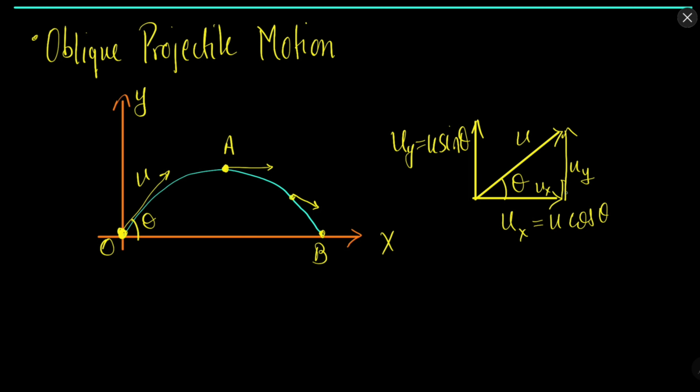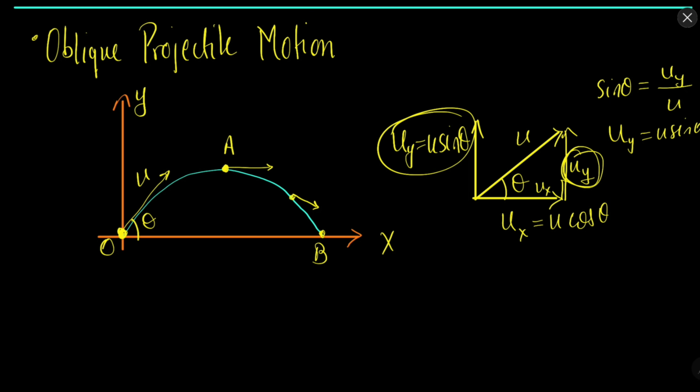So this is a right angle triangle. So sin theta is equal to perpendicular uy upon hypotenuse u, and you will get uy equal to u sin theta. Similarly by cos theta you will get ux by u, so ux equals u cos theta. So just remember this much.